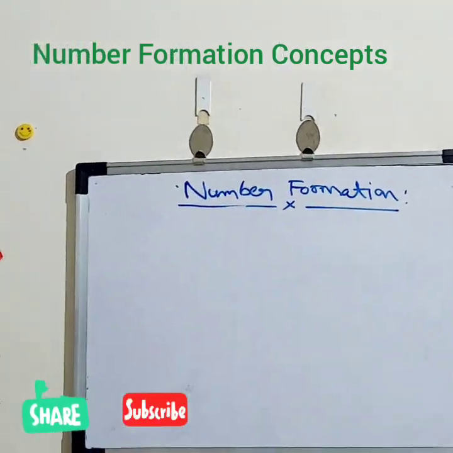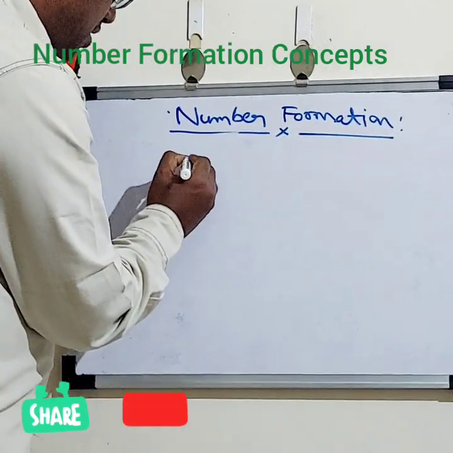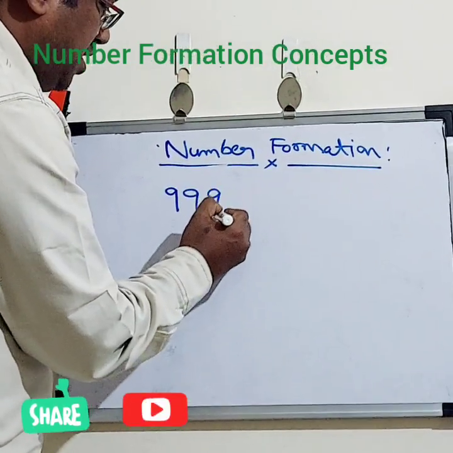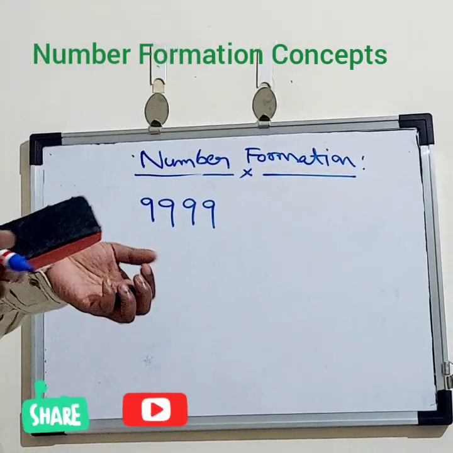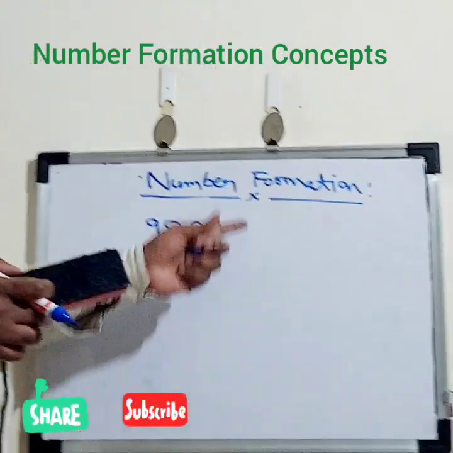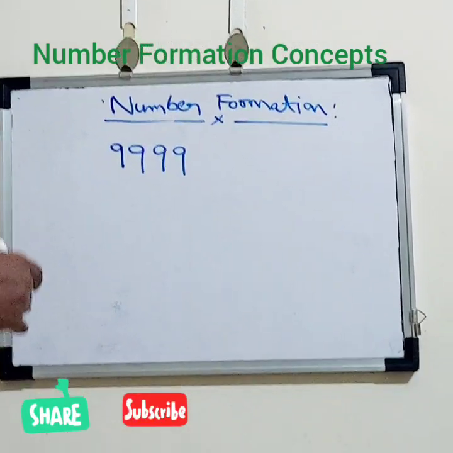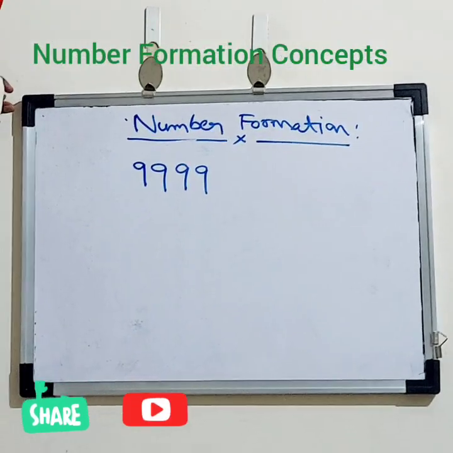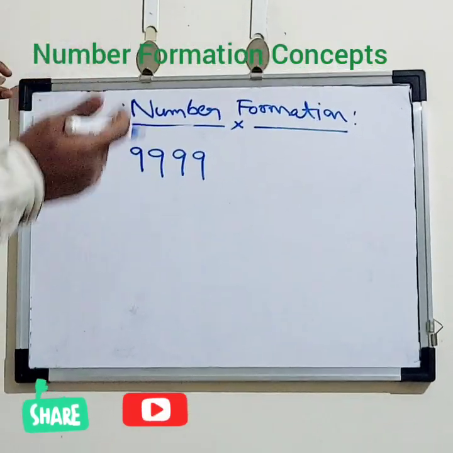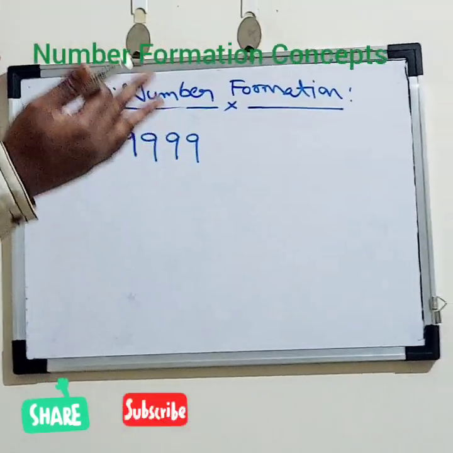Okay. Now the number given is 9999. What is the smallest value I can add to this number to form the highest 5 digit number? The question I am repeating again: what is the value I need to add to this number to get the highest 5 digit number?